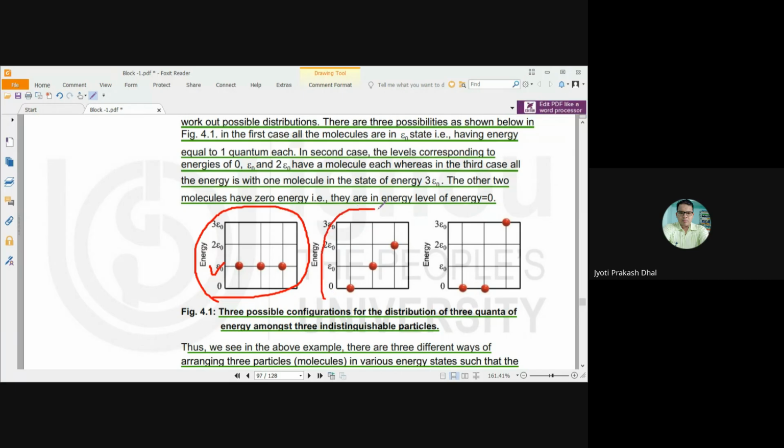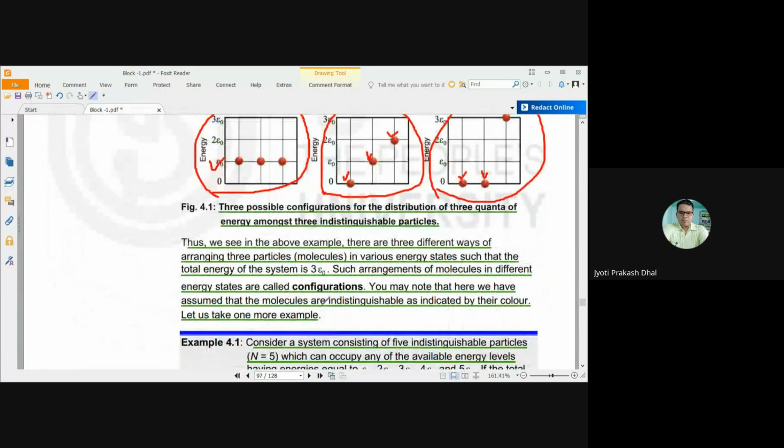Similarly, in the second case, if we put one molecule at 0 energy level, one at epsilon 0 energy level, and one at 2 epsilon 0 energy level, the total energy of the system will become 3 epsilon 0 or 3 quanta. And another possibility is there. If we put 2 molecules at 0 energy level and one molecule at 3 epsilon 0 energy level, then the total energy of the system will also become 3 epsilon 0.